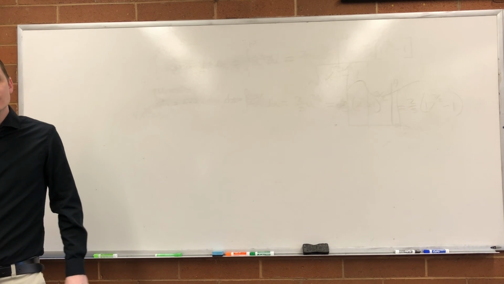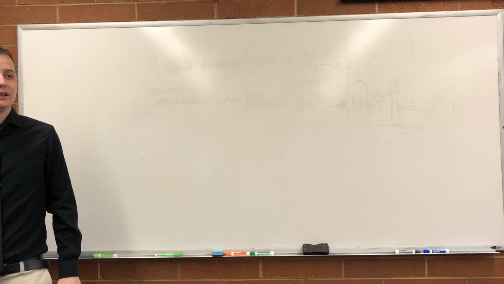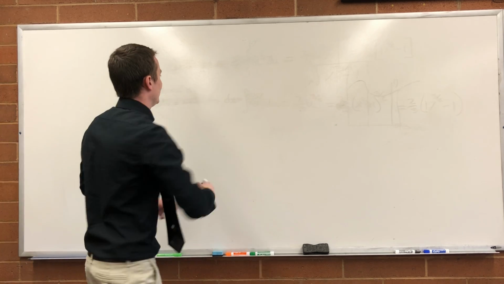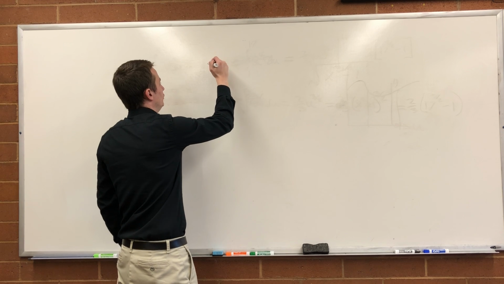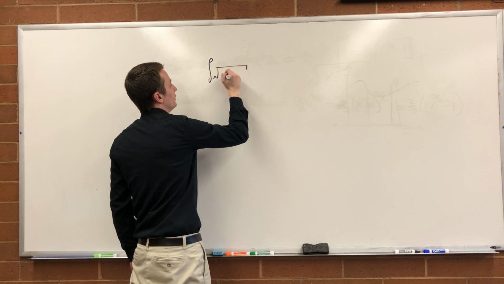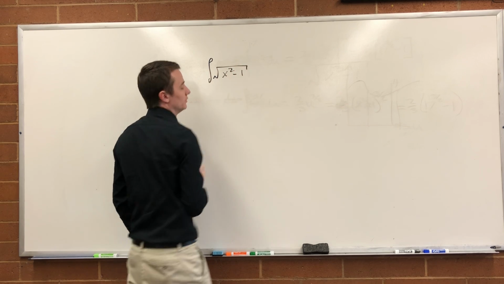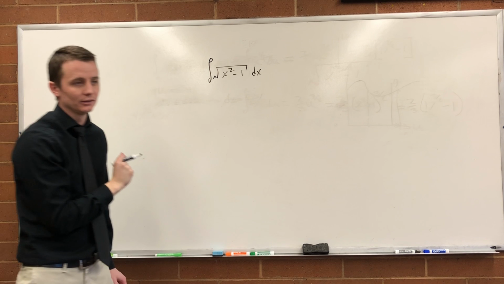Why don't you just use a substitution rule? You can't just use the substitution rule every time. Let's go back to the equation that we had before and try using just the substitution rule when I change it a little bit. Let's say we were supposed to calculate the integral of the square root of x squared minus 1 dx. Now you don't know how to calculate this integral yet.